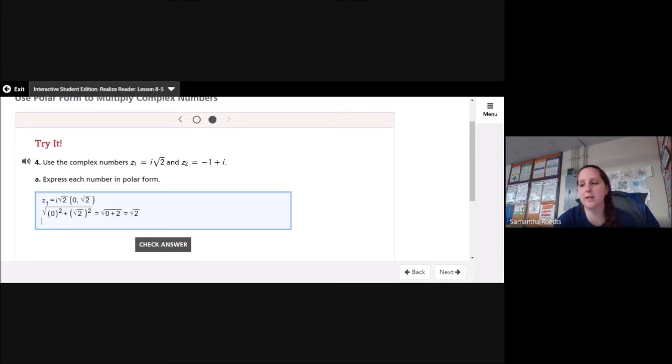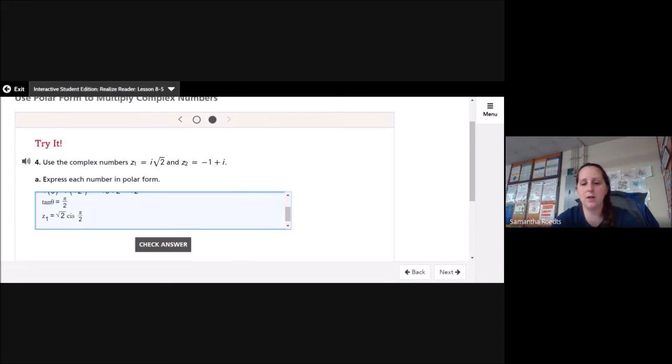The only angles that give me a cosine of 0 are pi over 2 or 3 pi over 2. Since I have square root of 2, that's going to put me at pi over 2. So theta equals pi over 2, and z sub 1 equals the square root of 2 cis pi over 2.